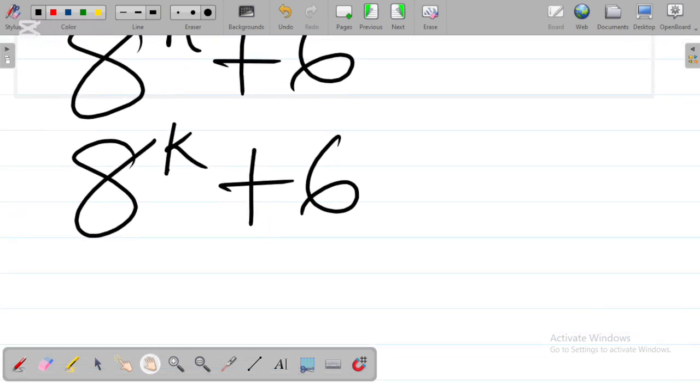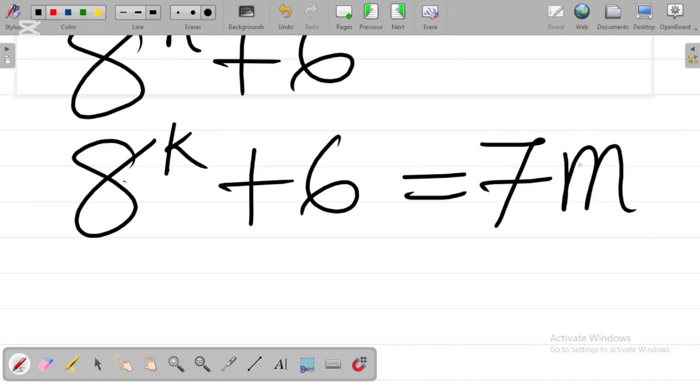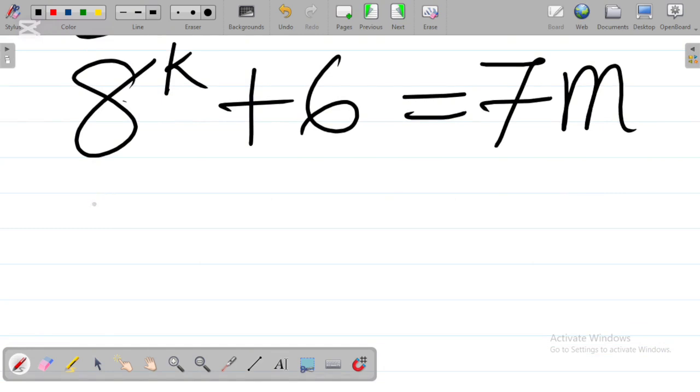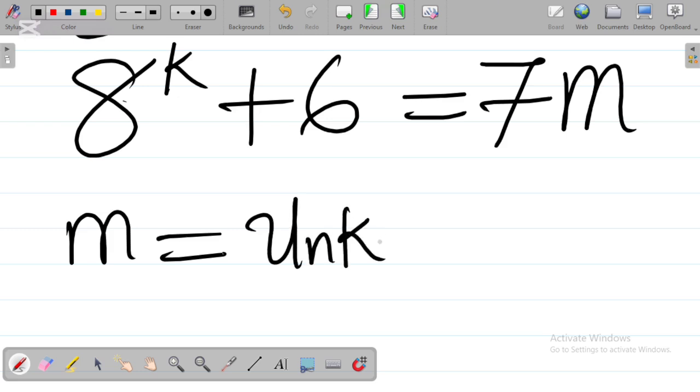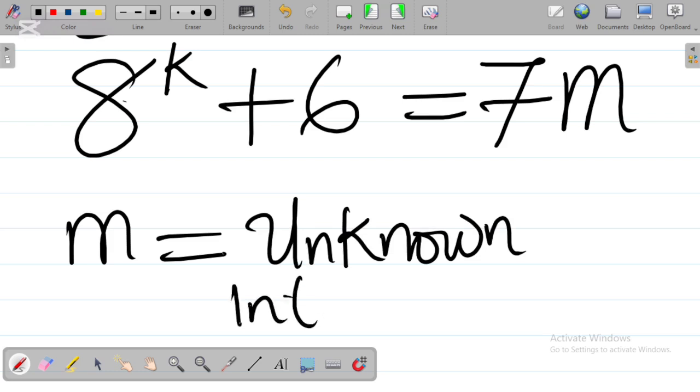Now, we are asked to check if the equation is a multiple of 7. So that's to say 7 will multiply a number to give us 8 raised to the power k plus 6. So let's say 7 multiply m. Now, we don't know the value of m. So therefore, m is an unknown integer.